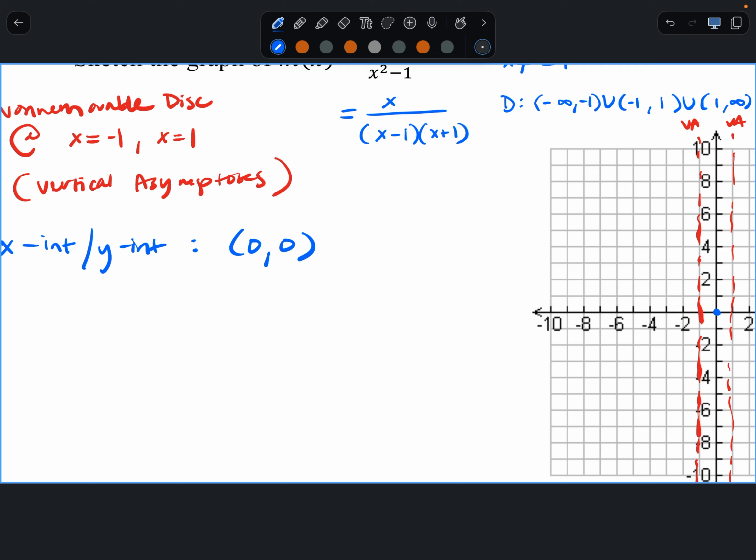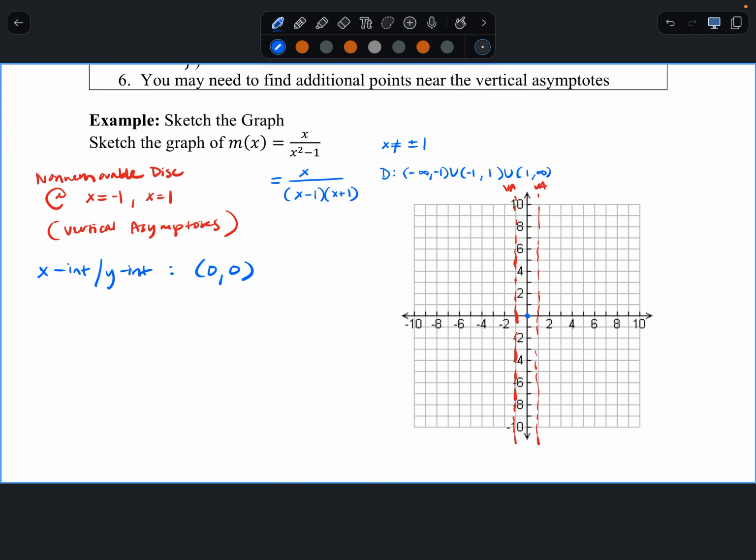Wait, why did we get these blue lines? Oh, that's my graph. I followed when we were plugging in the numbers, but to the left of 1, if we said that it goes to negative infinity, why is it going to positive?